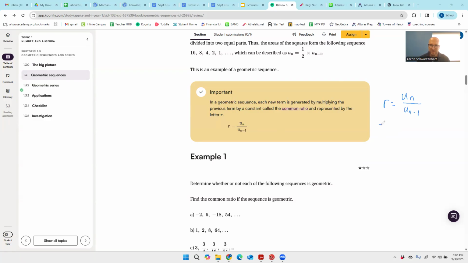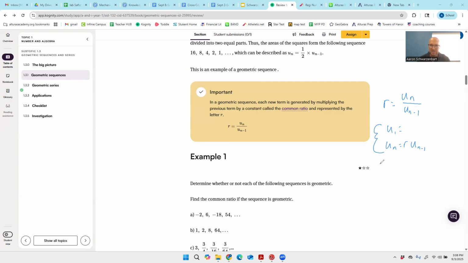You will see sometimes the recursive formula, u sub 1 equals whatever the first term is, and then the next term is just r times u sub n minus 1. Remember, u sub n minus 1 means the previous term.